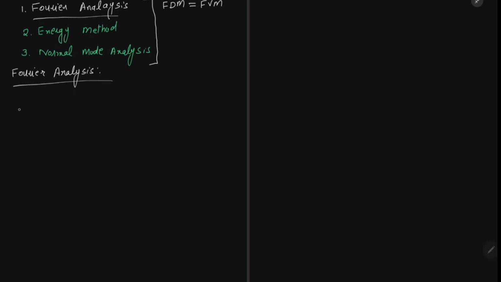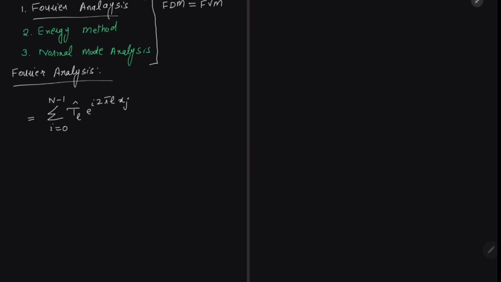So Fourier tells us that you can write any function as a sum of sine and cosine, where l is equal to 0 to n minus 1, and there is an amplitude, for example t hat l, times e raised to power iota 2 pi l x j.